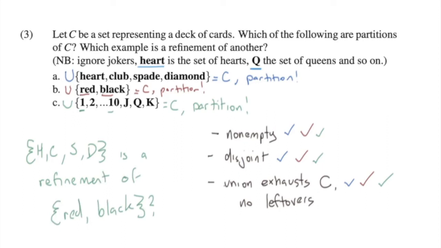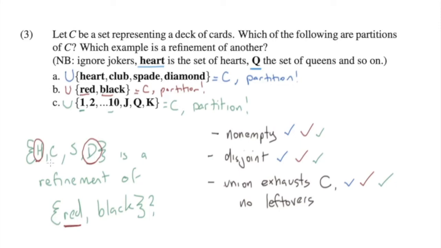If we know our set of cards, we know that the hearts are all red. So the set of hearts is a subset of the set of red cards. Likewise, the diamonds are all red too, so the set of diamonds is a subset of the red cards.